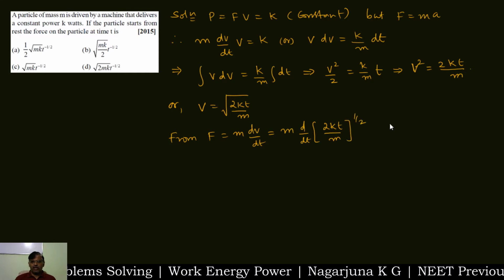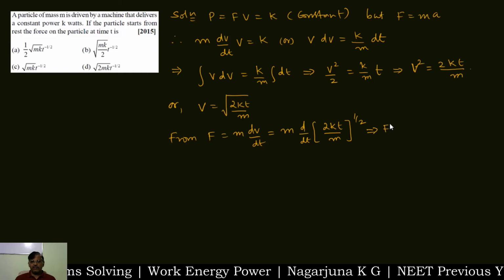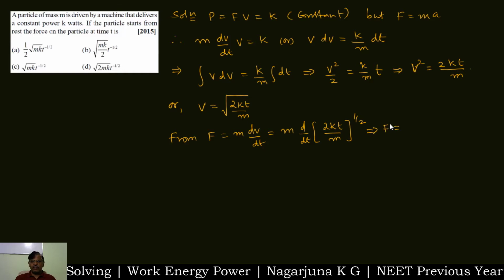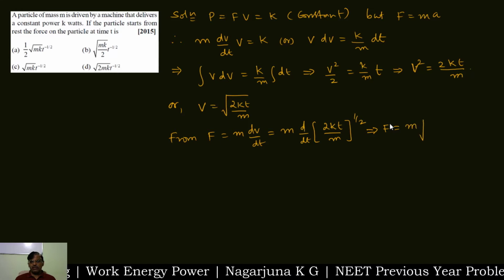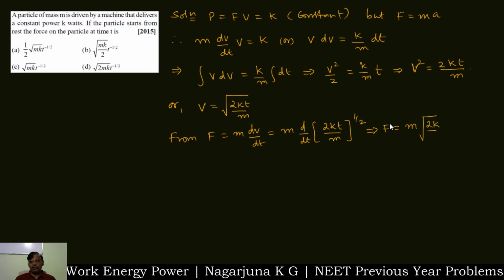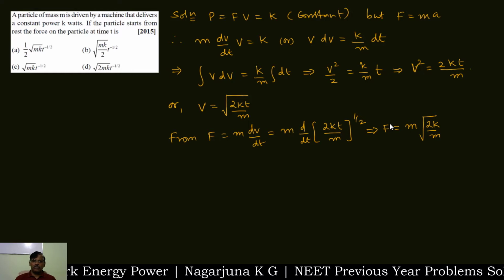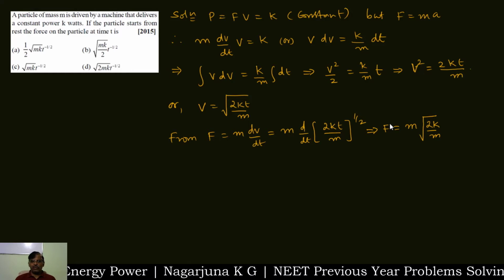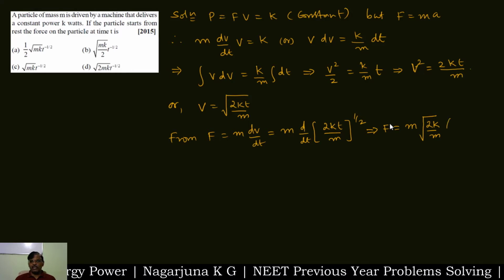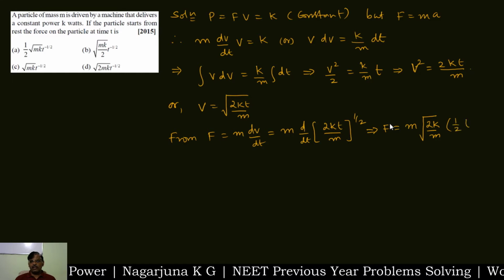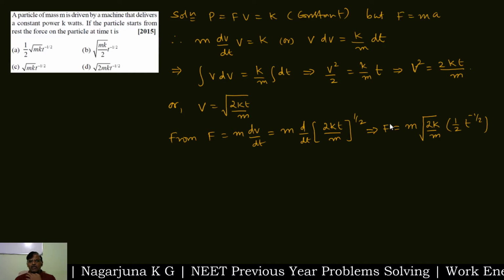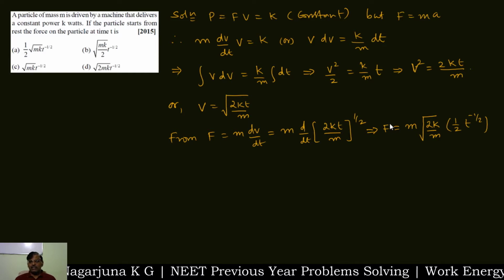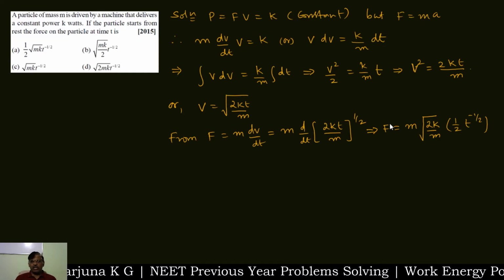Or that implies F is equal to M into the constant square root of 2k by M, into d by dt of t to the power of 1 by 2. That is 1 by 2 into t to the power of minus 1 by 2, according to the d by dx of x to the power of n formula.